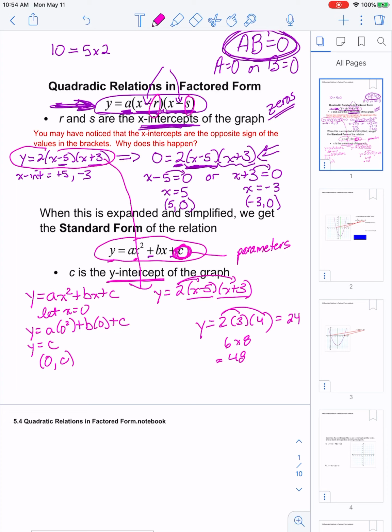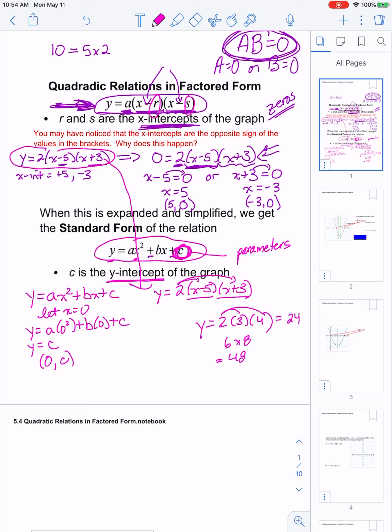And then minus 5 times x is minus 5x. And then minus 5 times 3 is minus 15. I simplify what's inside the bracket, so that's x squared minus 2x minus 15. And then I expand this, I just double everything. So 2x squared minus 4x minus 30.